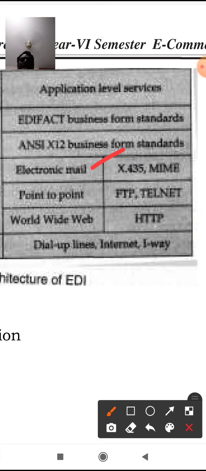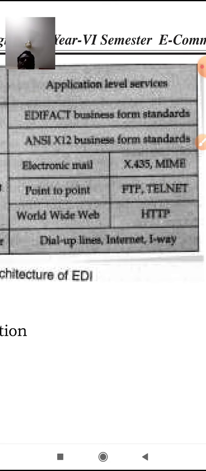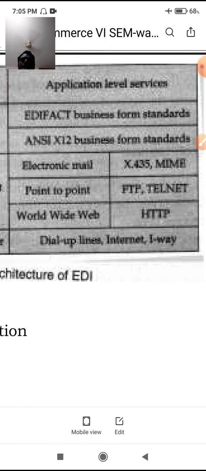Next, X.435 MIME and point to point data exchange with the help of FTP, file transfer protocol, or telnet mechanisms. The World Wide Web is also used for data transfer. HTTP stands for hypertext transfer protocol. All of these concepts are used.